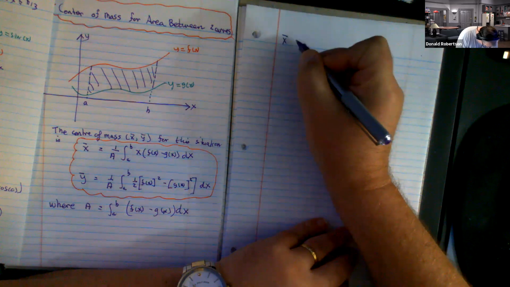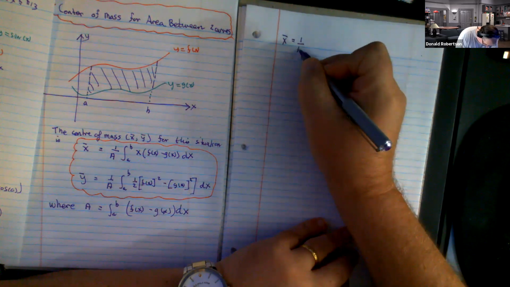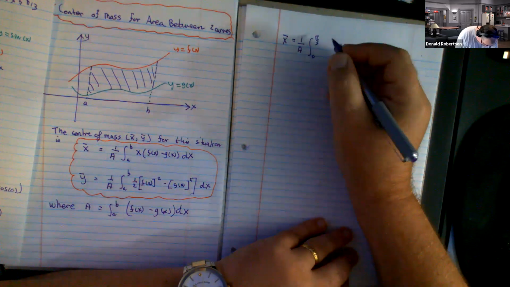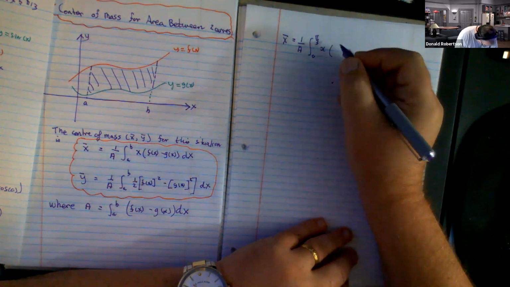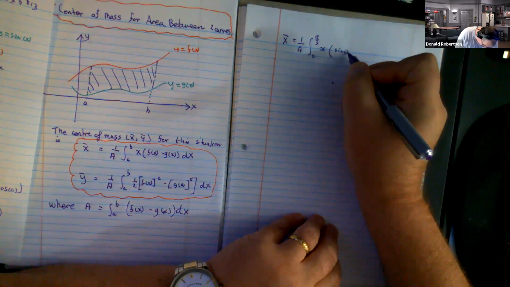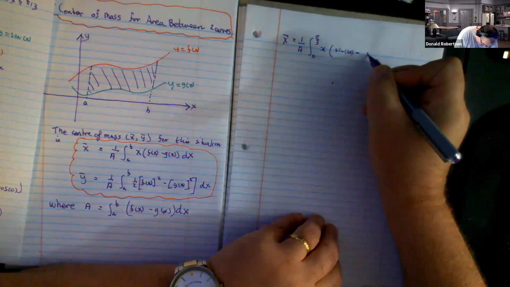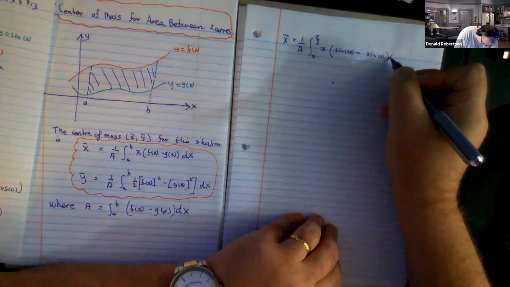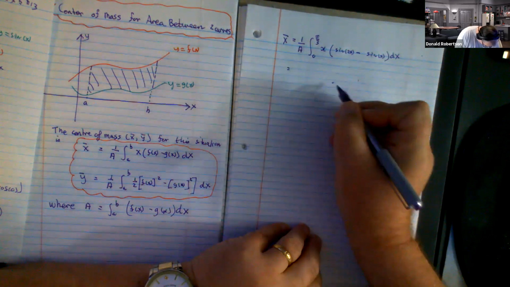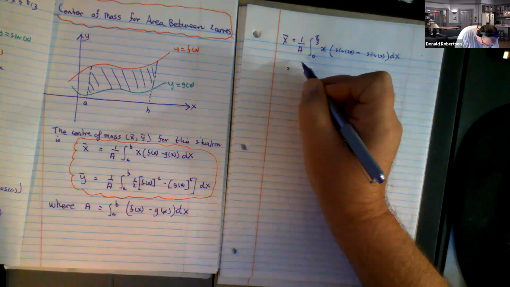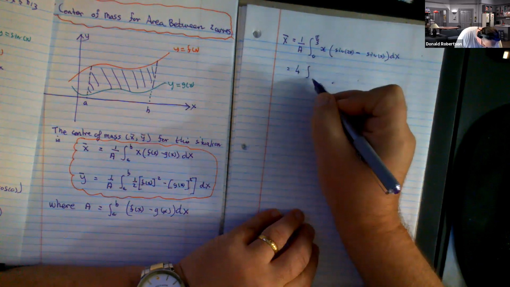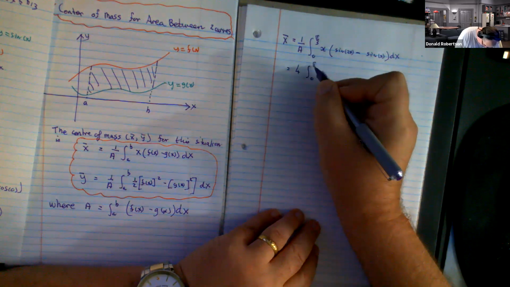To get x bar, we do 1 over A, the integral from 0 to pi upon 3, x times f of x, which is the sine of 2x, take away sine of x dx. Since A is a quarter, 1 over a quarter gets you 4. And then we're going to do the integral from 0 to pi upon 3.